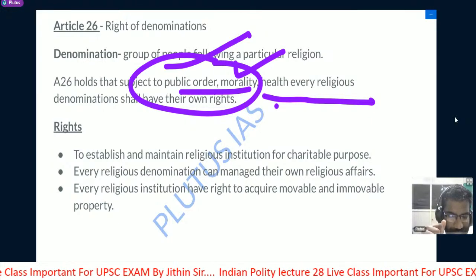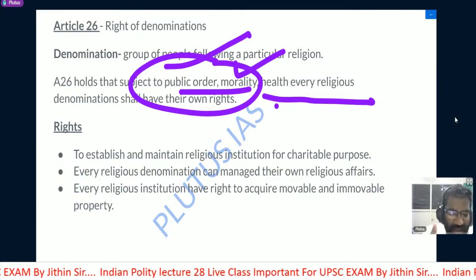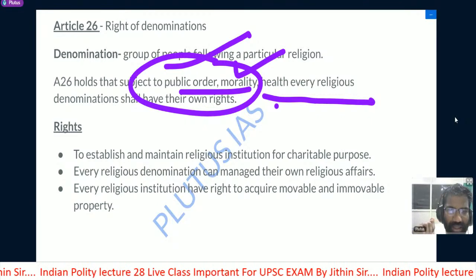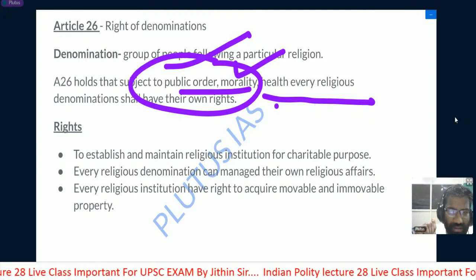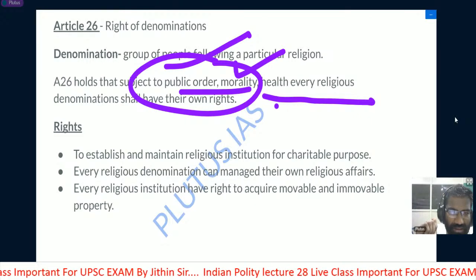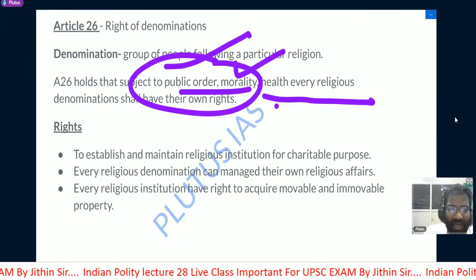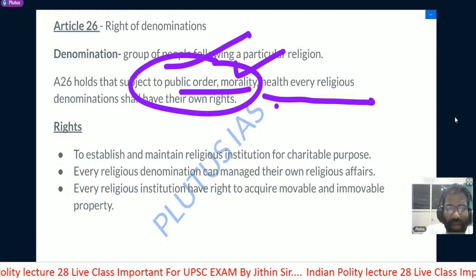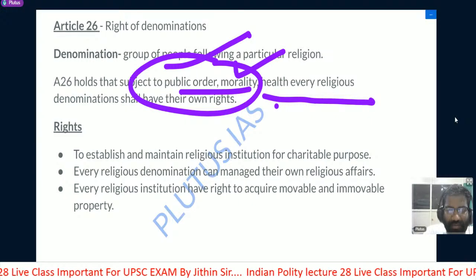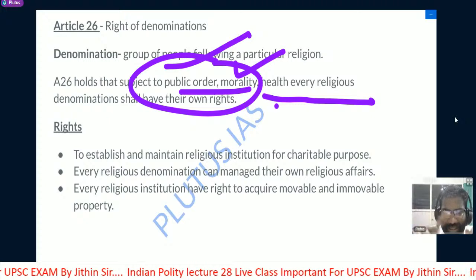Now, the rights which are given under Article 26 to a particular religious denomination, write a dash.